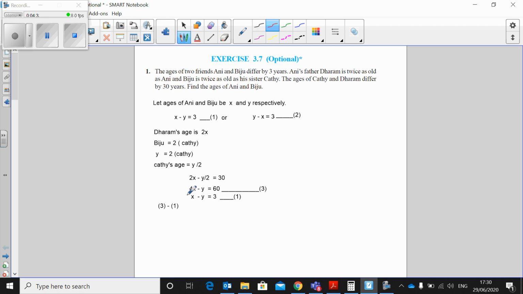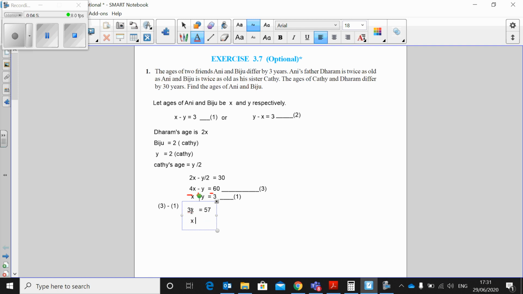So this is minus, this is plus, this is minus again. Then equation 3 minus equation 1 gives 3x. The minus y and plus y get cancelled, and 60 minus 3 is 57. So x is equal to 57 by 3.